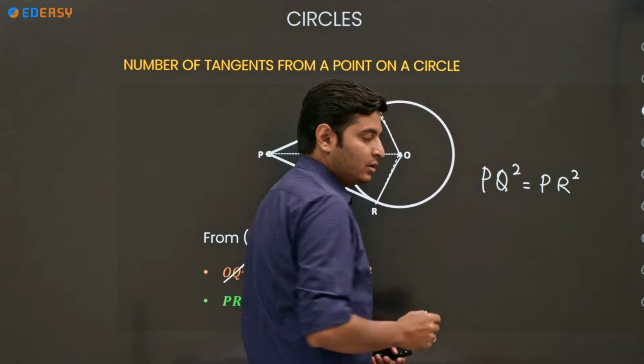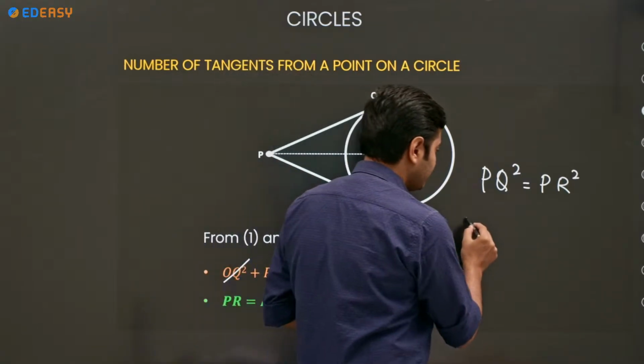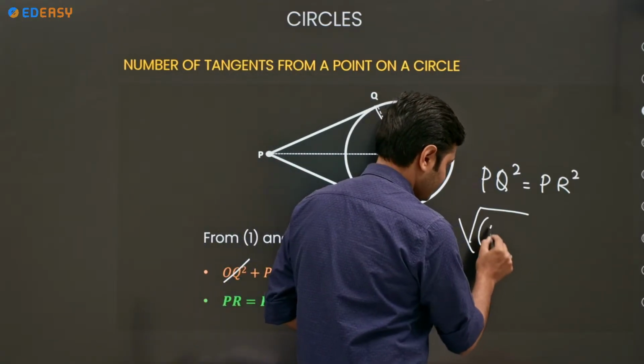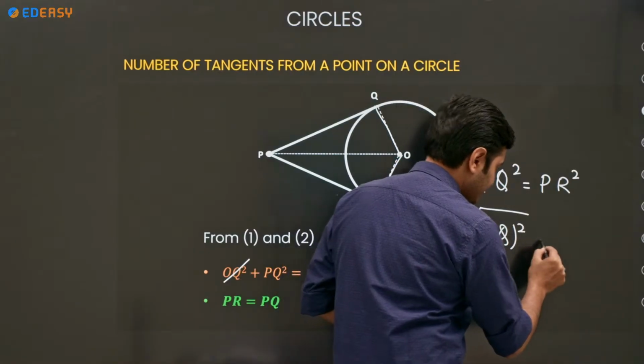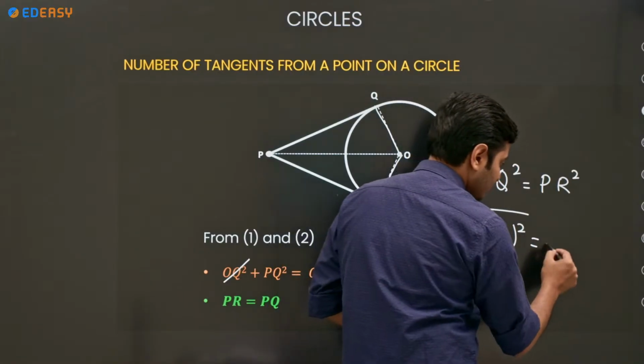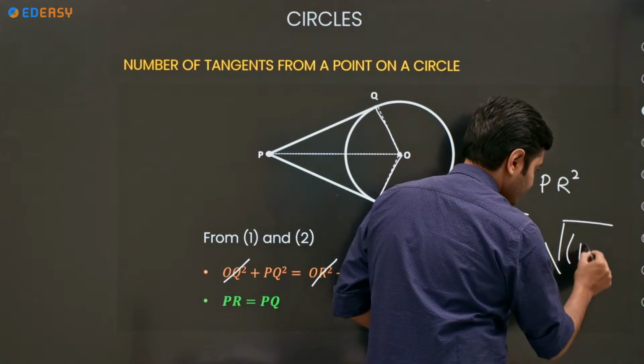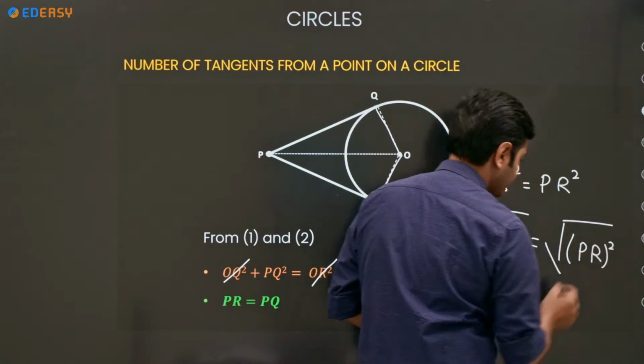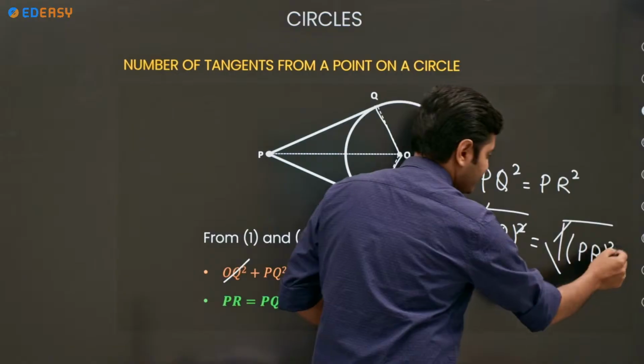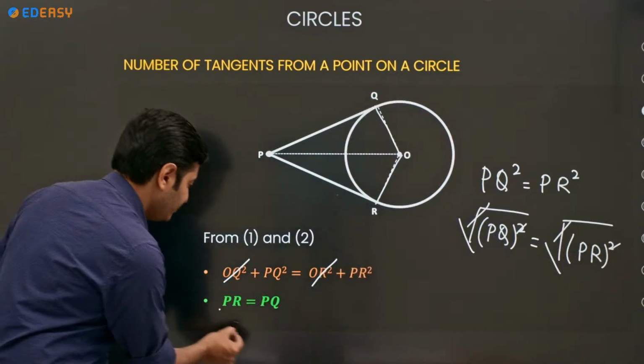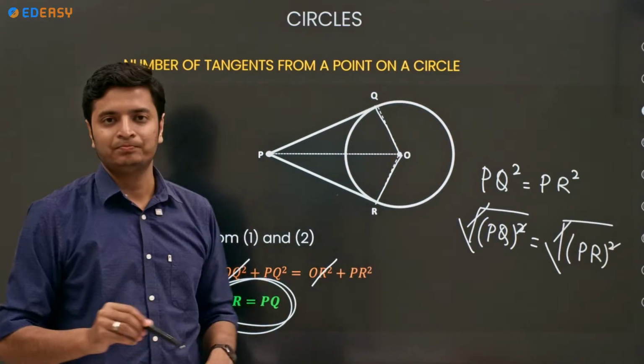So we can take the square root on both sides. After taking the square root, we will have the square root of PQ square equals the square root of PR square. Square and root cancel each other. So what are we left with? PR is equal to PQ.